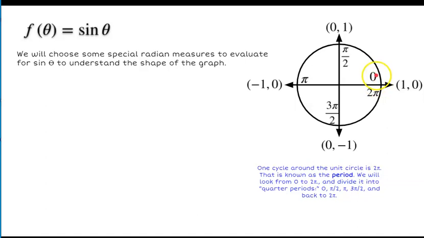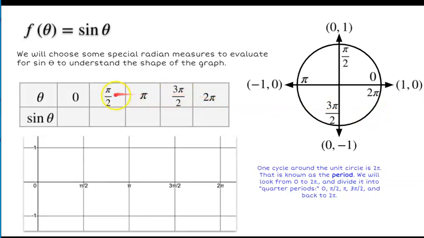So we'll have 0, pi over 2, which is equal to 90 degrees, pi, which is equal to 180 degrees, 3 pi over 2, which is equal to 270 degrees, and then 2 pi, which is equal to 360 degrees. So let's put this in a table of values given the special radian measures of the angle: 0, pi over 2, pi, 3 pi over 2, and 2 pi.